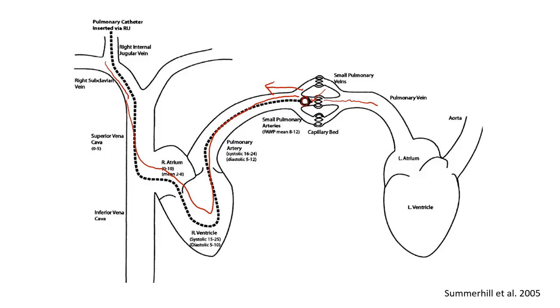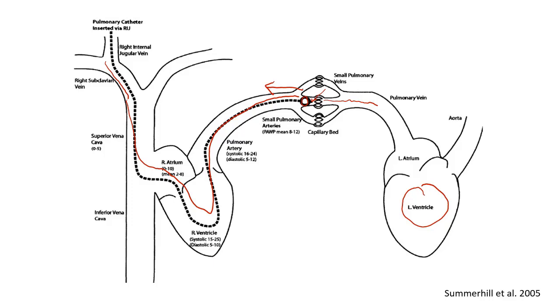Now, the reason we do that is we're trying to get at the preload of the left ventricle. So we know that by the Starling curve, at least to a certain degree, the higher the end diastolic volume of the left ventricle, the higher the cardiac output. We can't directly measure that volume with this catheter.